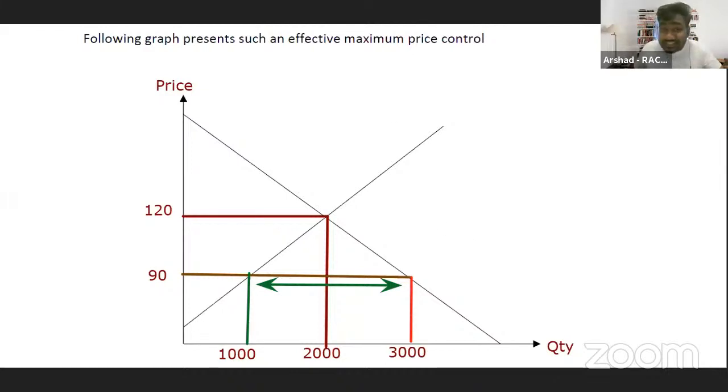Okay, so how do we calculate excess demand? So excess demand is simply your quantity demand minus your quantity supplied, right?